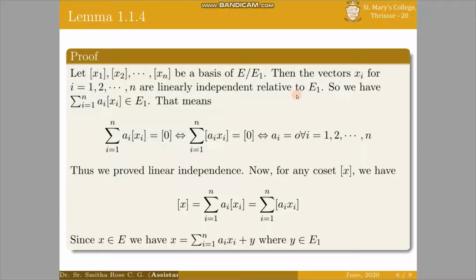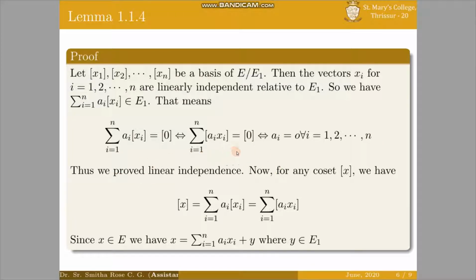Something an element of E1, the subspace, means this coset is the 0 coset. That means the summation i equal to 1 to n of ai coset xi is equal to the 0 coset. That is equivalent to the summation i equal to 1 to n of coset ai xi equal to 0. This we get by some algebraic manipulations. That means the summation of ai xi equal to 0. Then since the xi's are all linearly independent, it is obvious that each ai equals 0 for every i equal to 1 to n. Thus we proved linear independence.